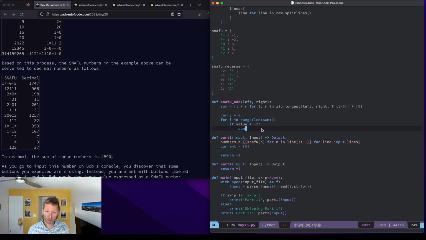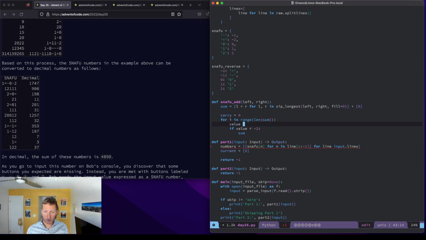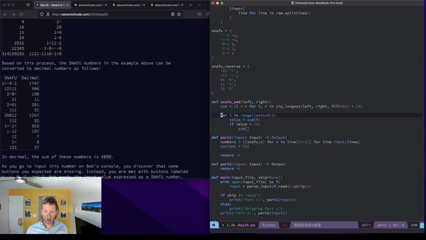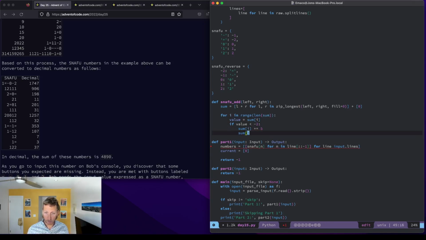So if value equals sum[i], then sum[i] should plus equal 5, and sum[i+1] will minus equal 1.